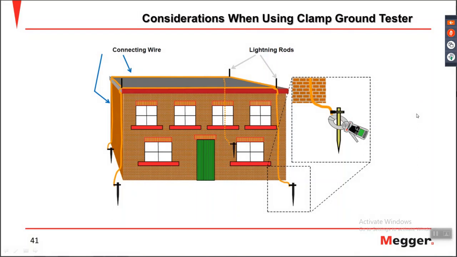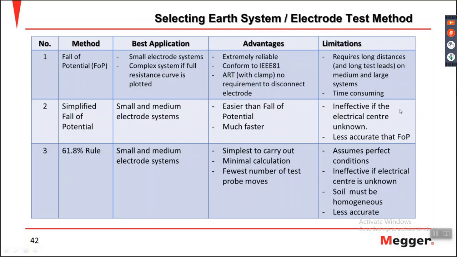Yeah, those are all the methods that I explained, and this is the chart to see the best application, advantage, and limitation. So from this table you can verify which method gives you precise grounding testing. As we know, fall of potential is the best one for this measurement.